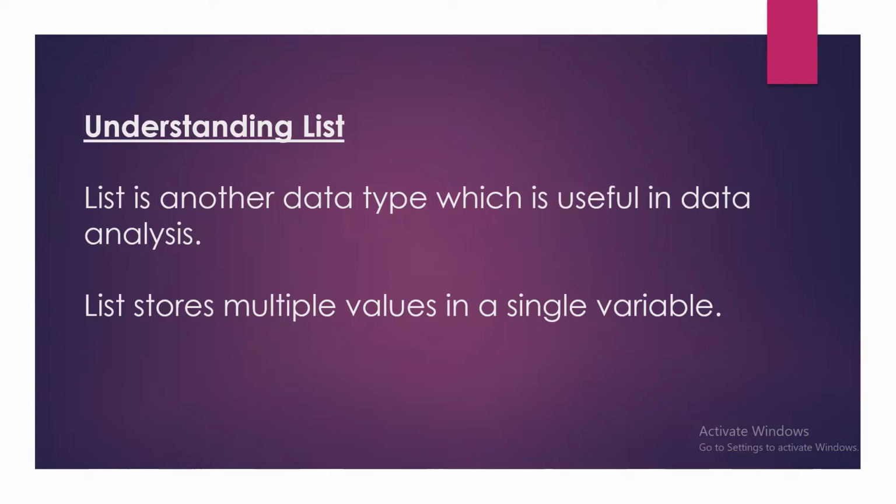In the previous video, we discussed some methods which are used in Python. We discussed how we can use methods to change the case of a text. We saw how we can count a specific letter in a string.